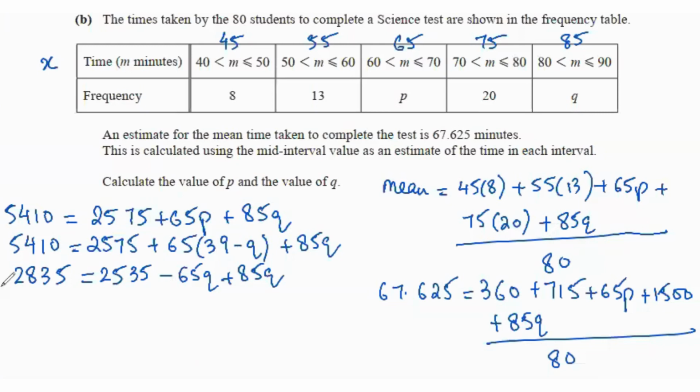So 2835 minus 2535 equals 20q. That is going to equal 300 over here.